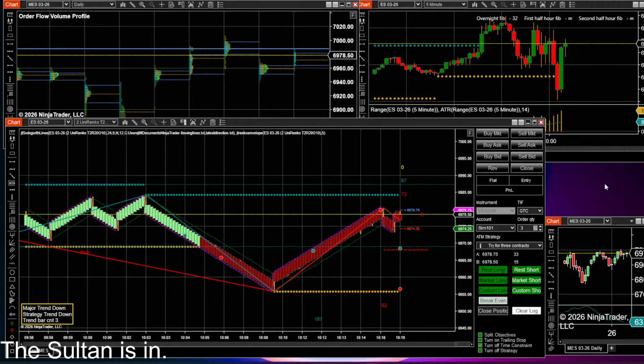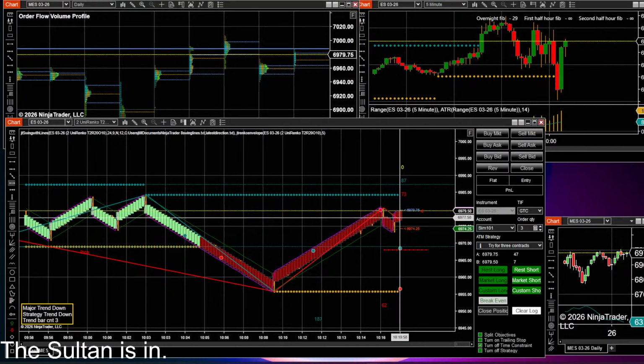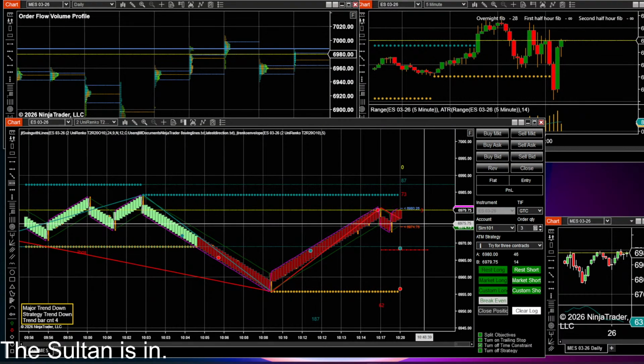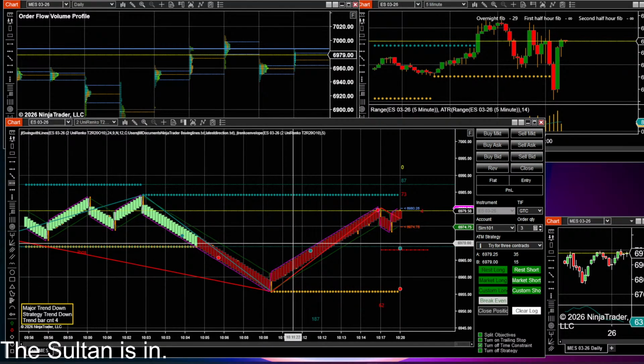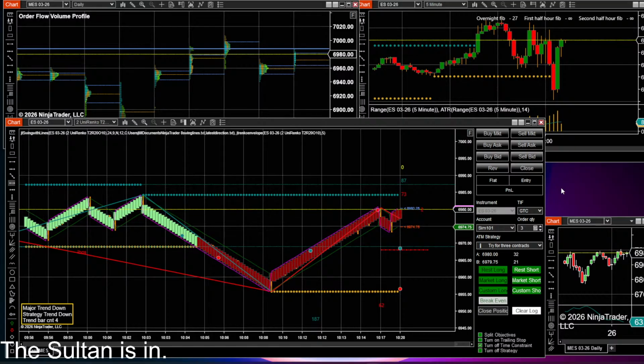Once again, while it could go up here and test this 85 area, me personally, I would not take a long while the trends are down. I want to be with those trends.